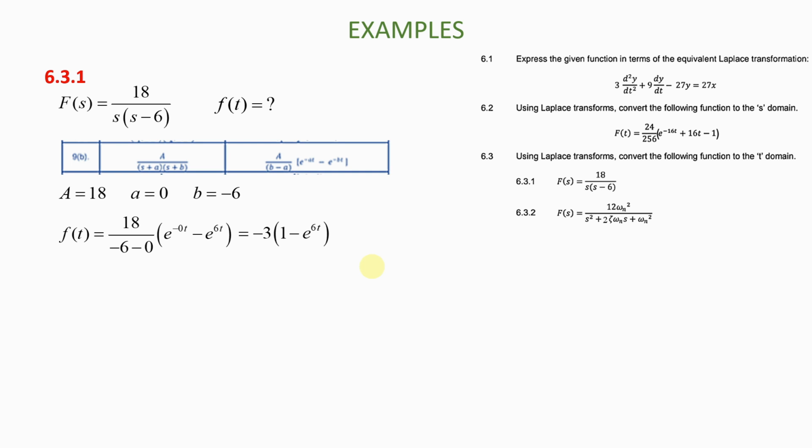Let's go to question 6.3.2. And so again, we're trying to find f(t). We are given F(s). And now you again need to go and look in the table, okay?